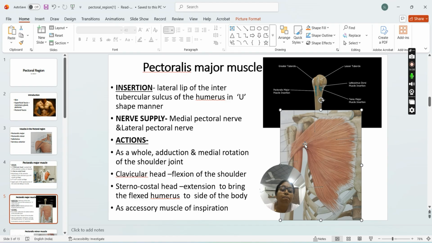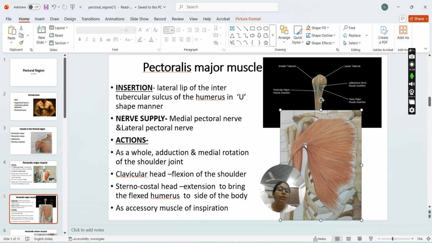Let's talk about the action, what this muscle does for you. As a whole, when the complete muscle, that means the clavicular as well as the sternocostal head, contracts together, it carries out adduction and medial rotation of the shoulder joint. But when only the clavicular head contracts, it carries out flexion of the shoulder joint.